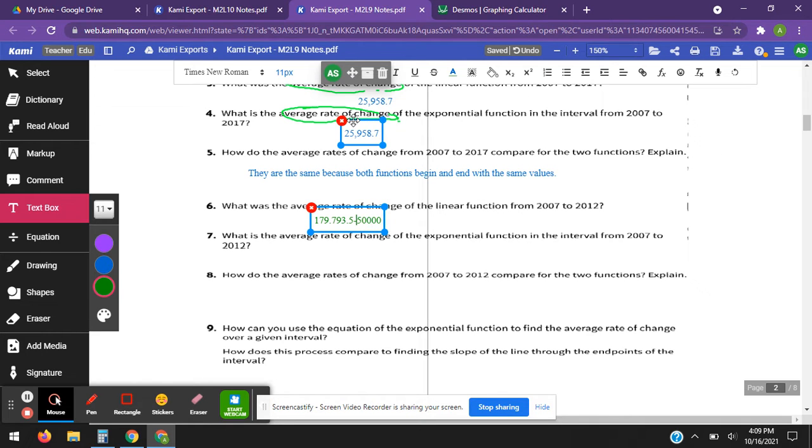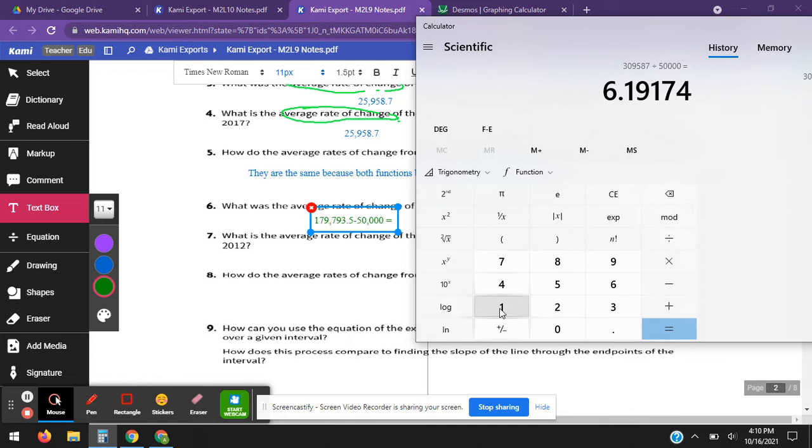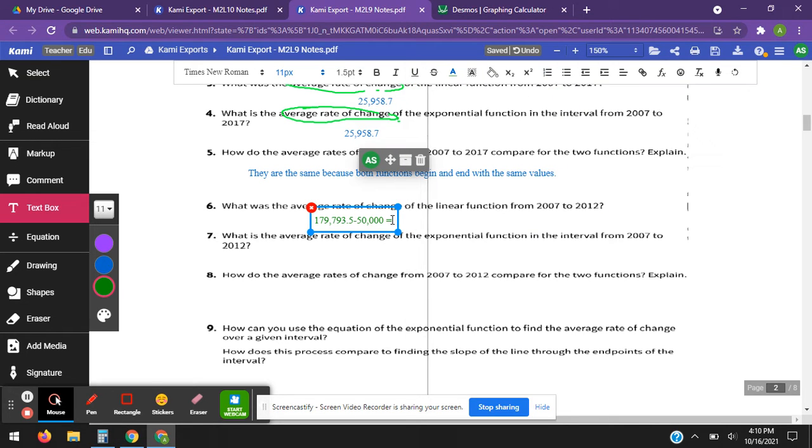So 179,793.5 minus 50,000 equals 129,793.5.